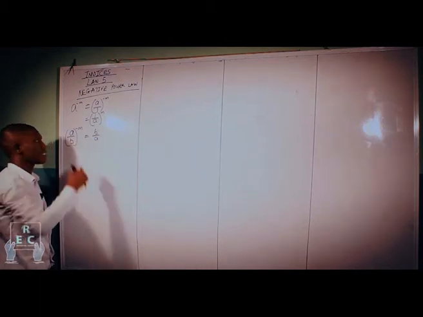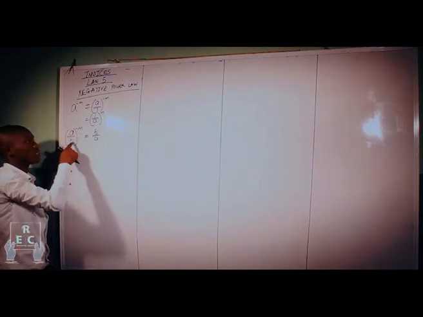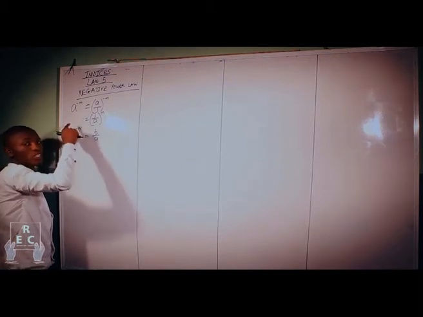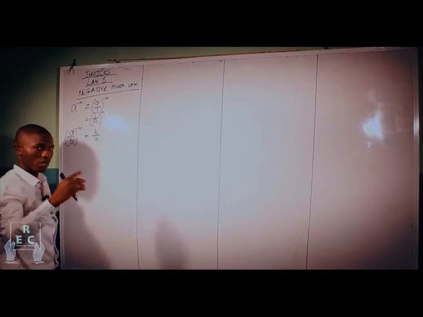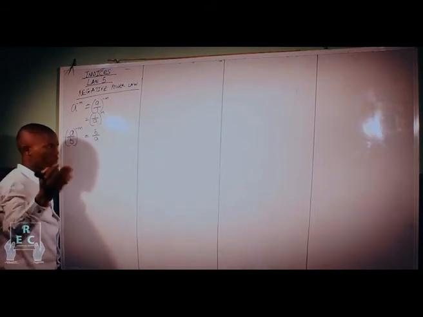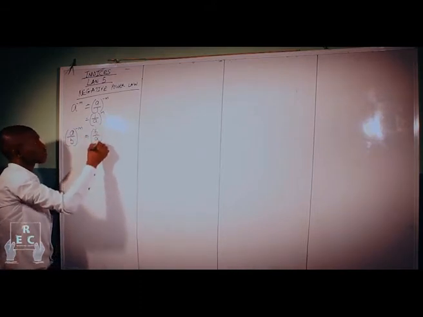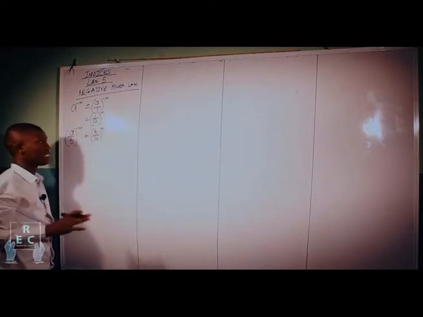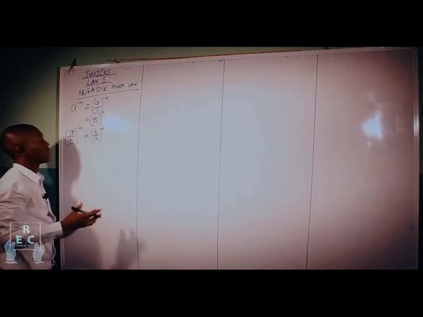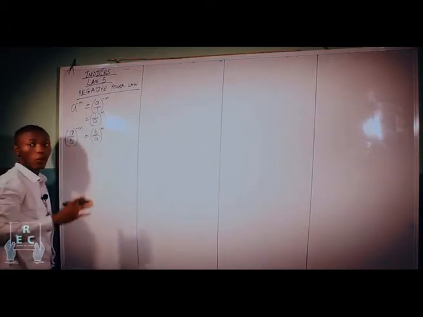Reciprocal means the numerator becomes the denominator, while the denominator changes to the numerator. 2 over 3, reciprocal 3 over 2. 4 over 5 becomes 5 over 4. So by doing that, this minus sign has been eliminated completely, then you can solve further. So that's what that law tells us.